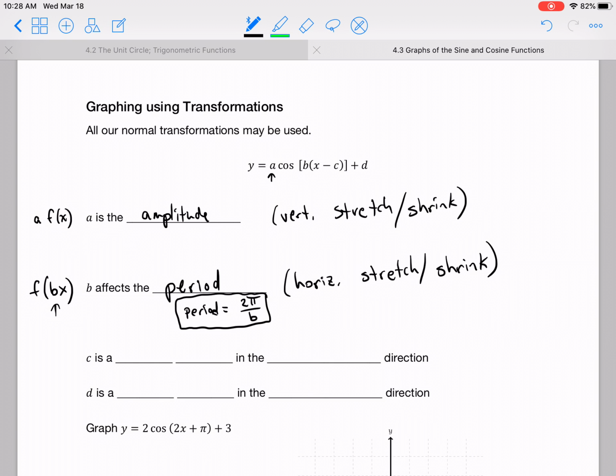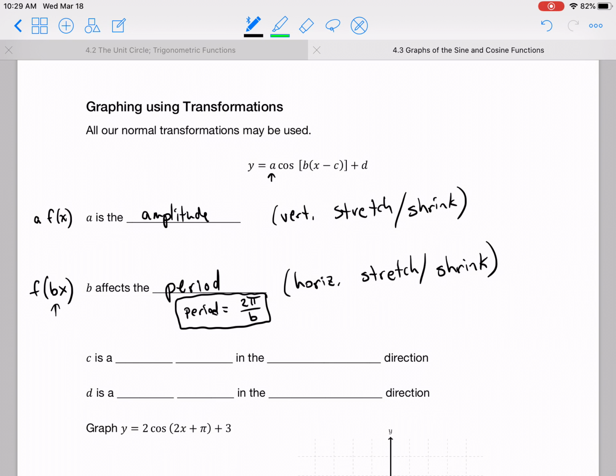So if we divide by b and b is less than 1, it's going to stretch it out and give us a longer period. If we divide by b and b is greater than 1, it's going to compress it down and give us a shorter period. So we divide by b, just like those rules. It's horizontal, so we do the opposite of what is there.